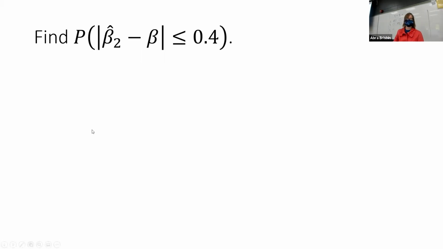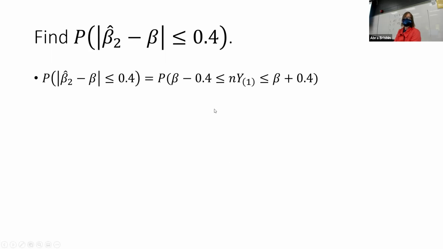All right. So we can expand this to say that this is the same as the probability that our estimator, n times the minimum, is between beta minus 0.4 and beta plus 0.4.